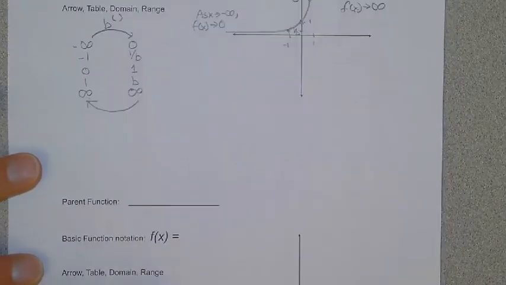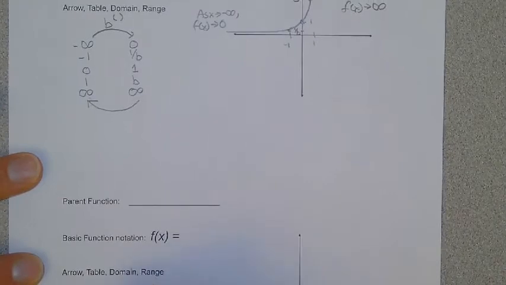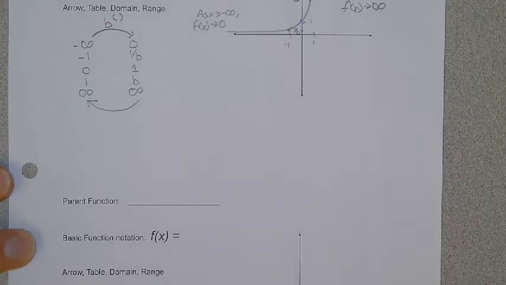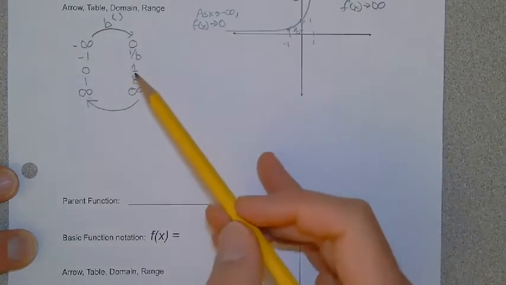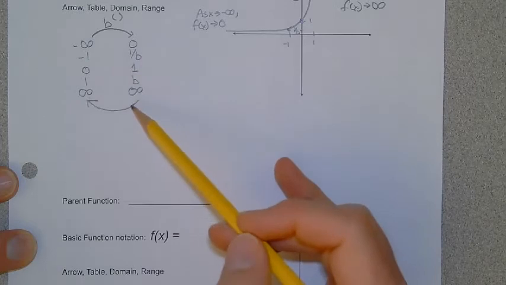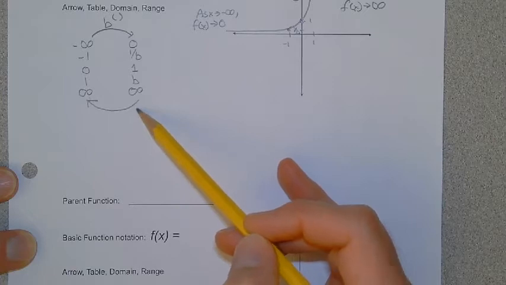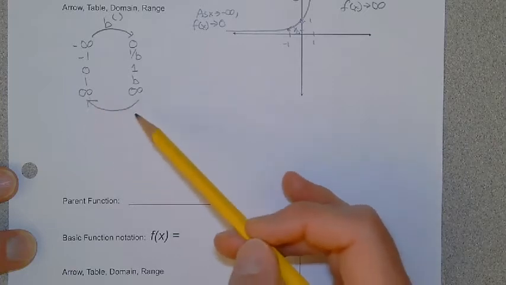Okay, so I'm going to start down here by saying I'm going to make the arrow diagram, and I'm going to put the points on there. Now, there is no negative infinity here. What was the range of the exponential function now becomes the domain. It's all about switching inputs and outputs, and domain is about input and range is about output.